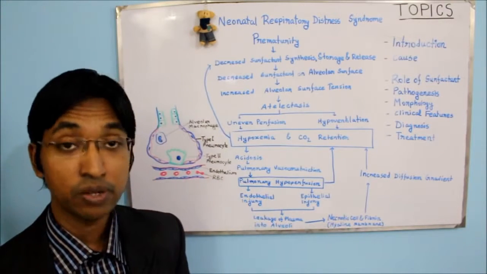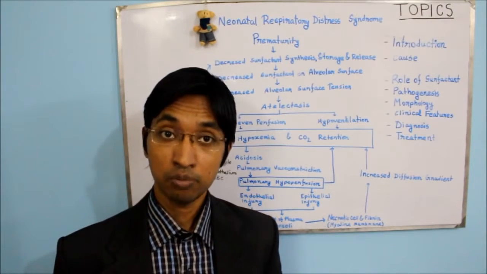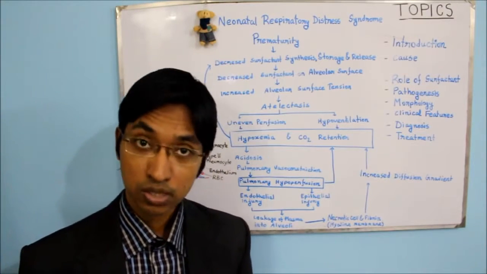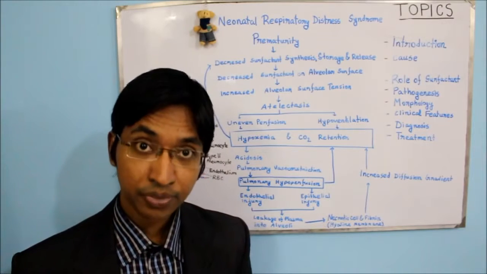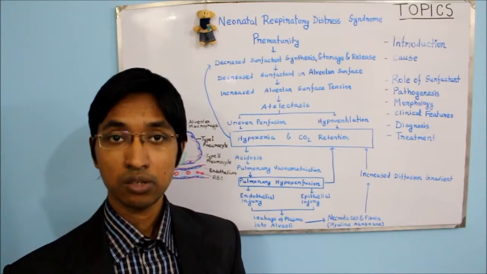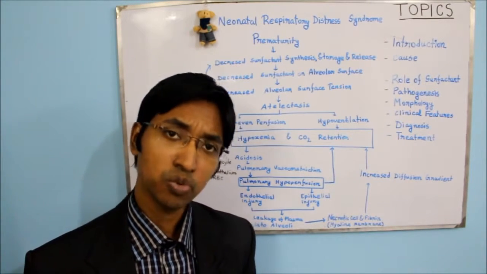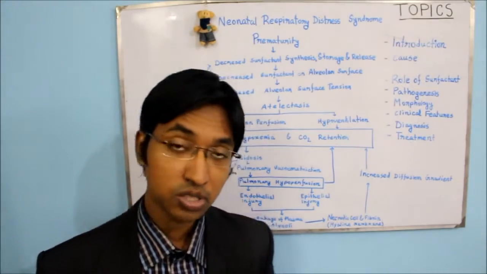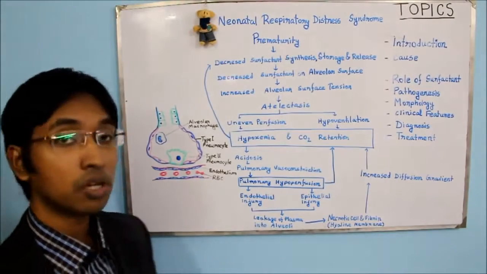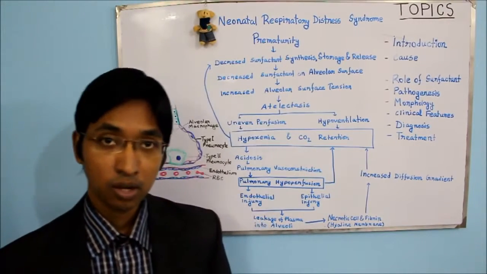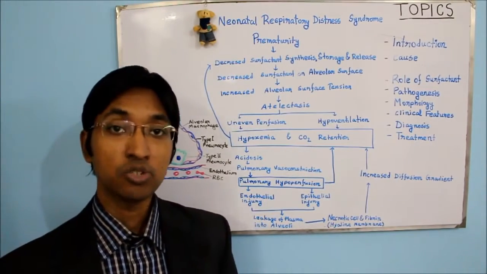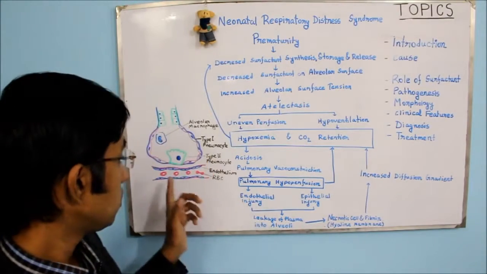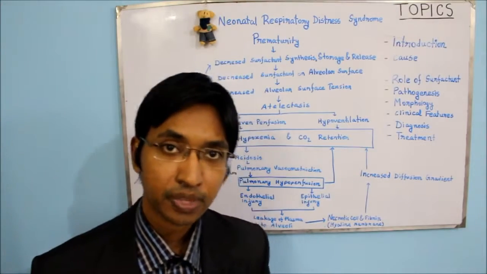The examiners are very fond of asking you the composition of this eosinophilic hyaline membrane, and your answer will be fibrin and necrotic cell debris. And one thing you have to remember, the majority of the necrotic cell debris are derived from type 2 pneumocytes. And also we will see neutrophilic infiltration associated with this hyaline membrane.